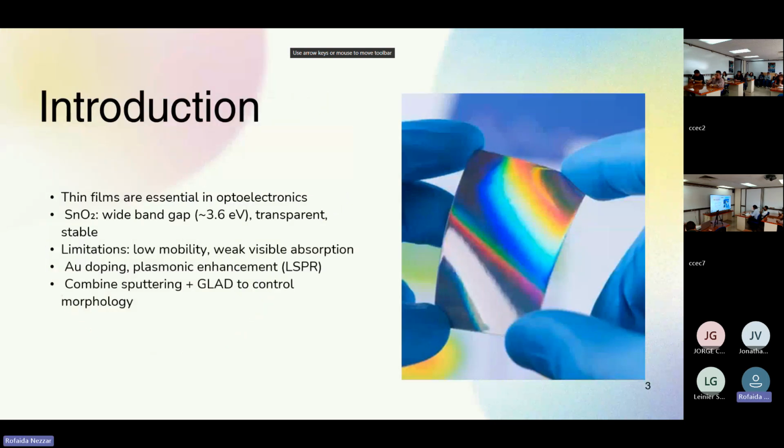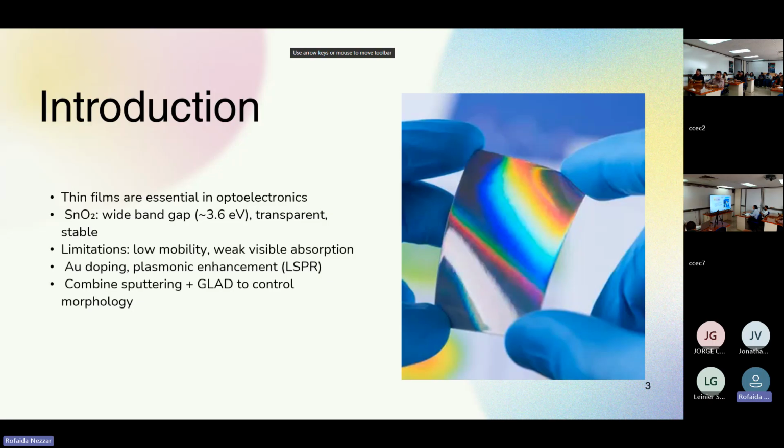So as we mentioned earlier, thin films are the core of modern optoelectronic devices used in solar cells, transparent electrodes, gas sensors, and photodetectors, among many others. And in this work, we focused specifically on tin dioxide, which is a wide bandgap semiconductor with a gap around 3.6 electron volts.